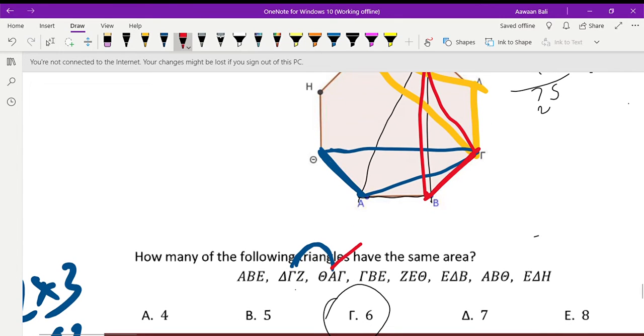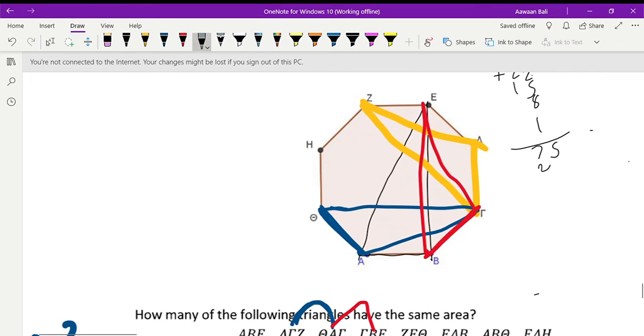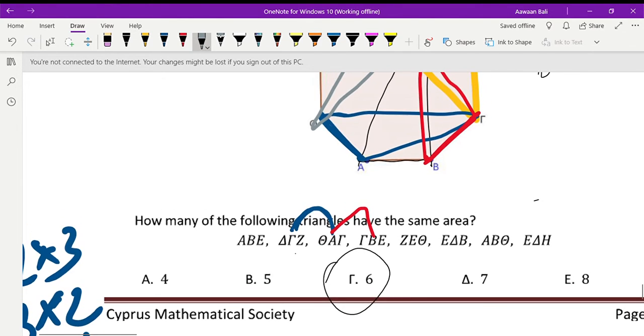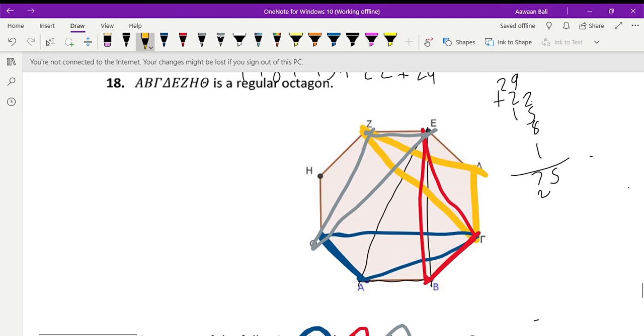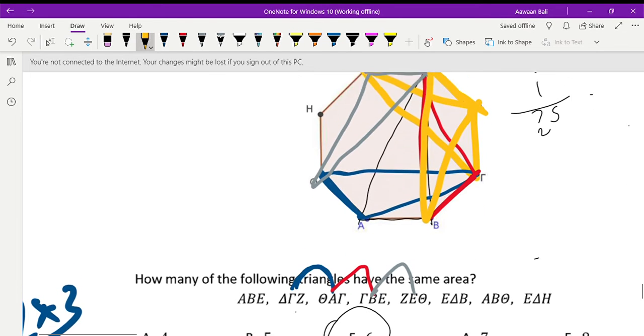Now we have zeta, eta, theta. It's the same again. It works. Now eta, delta, beta. So we have eta and delta, and then we have beta here. It's the same as the others again.